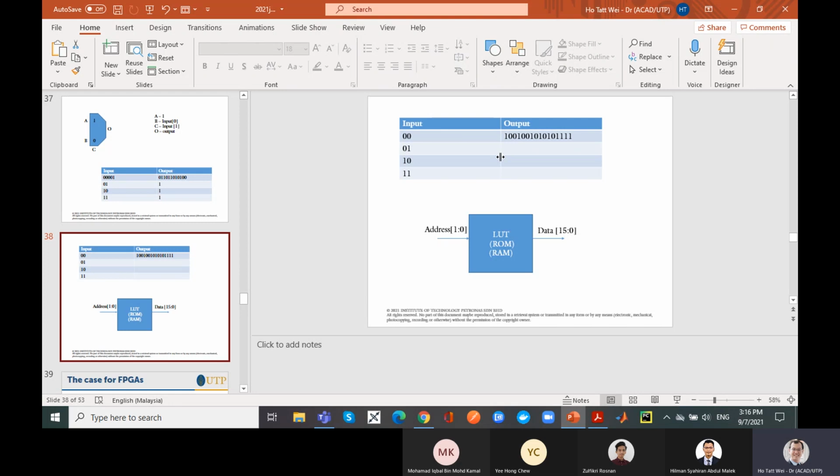I don't know, Hima, I'm not understanding your statement. For ROM, you can only use. You cannot write on ROM.